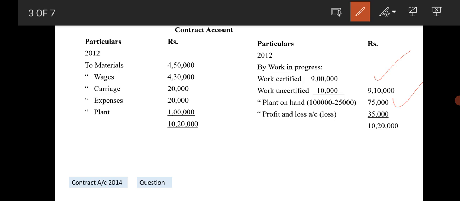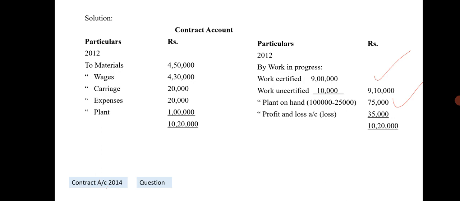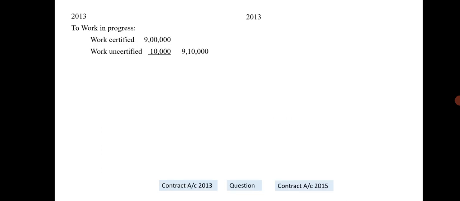So in 2013, work in progress 9 lakh 10,000 is brought down, and we have the plant value brought down. Since no reserve was there in the 2012 account, nothing is deducted, so we have directly taken down all the values over there.